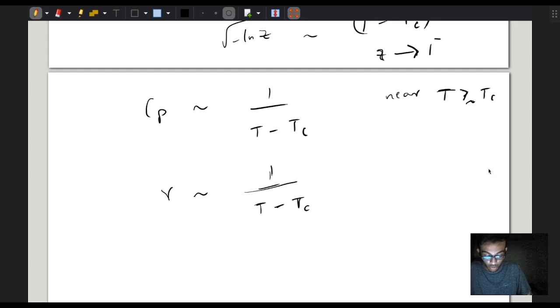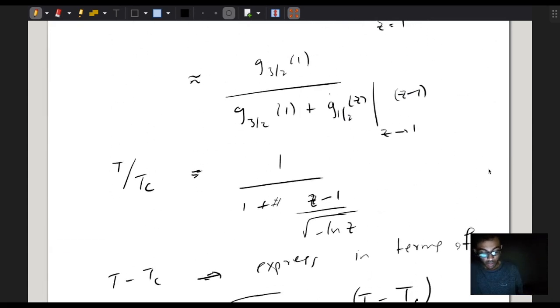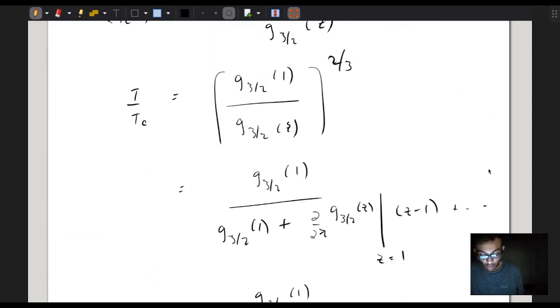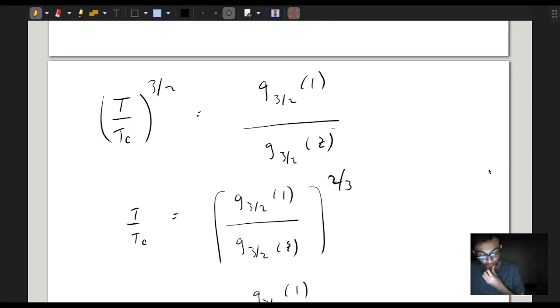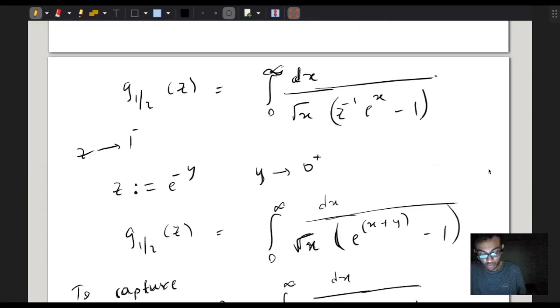So most of the time has been spent trying to understand these divergences, trying to see how the divergence of the g1 by 2 function is near z equal to 1.